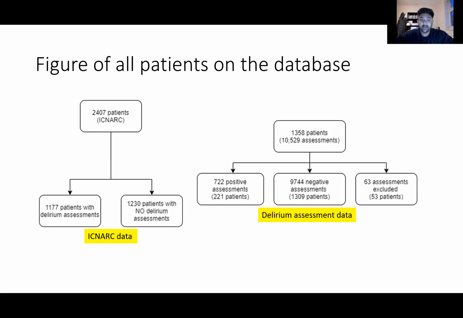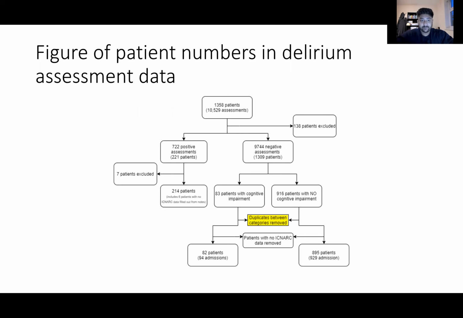This was a flowchart to look at the 2 different databases that were used and the 2 different assessments that patients would have had for delirium or not having delirium assessments done. This was another flow chart looking at all the patients that had delirium assessments and had full ICNARC records.